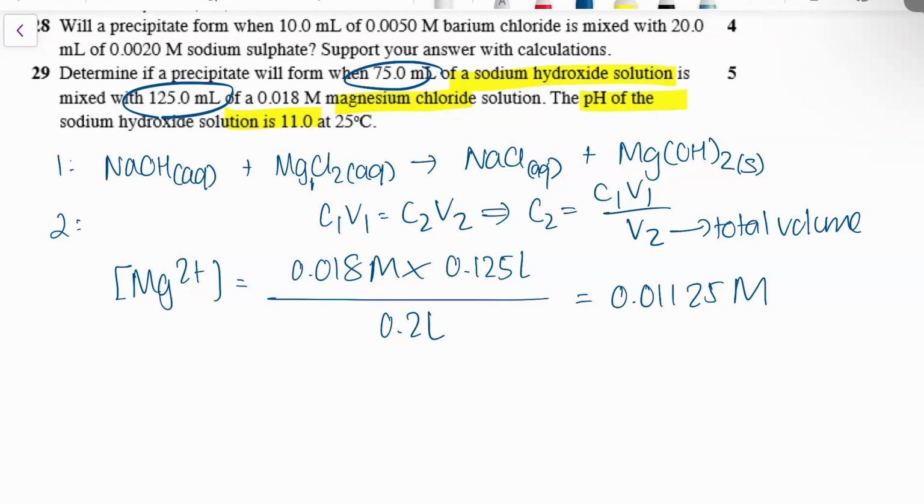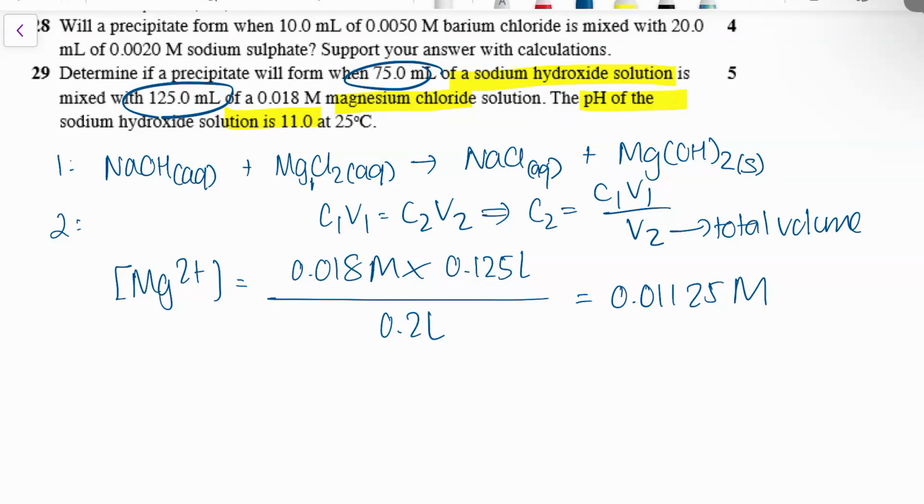So when I get the concentration of the hydroxide from my pH equation, I can take that as the concentration of the sodium hydroxide. Because it's strong, it dissociates completely. So however many hydroxides I have, that's all of the hydroxide that came from the sodium hydroxide.